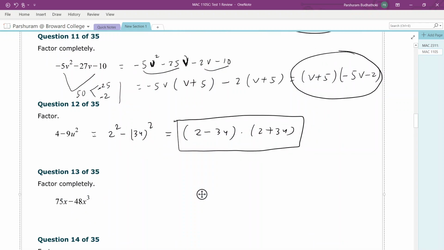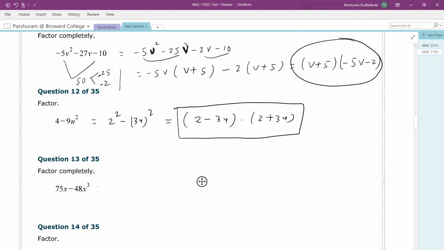Once again, factor completely. So try to factor the greatest common factor here. We can see that 75 can be written as 3 times 25, and 48 can be written as 3 times 16. So I can factor out 3, which gives me 25 minus 16x squared. And this is not done, because I can still factor this.